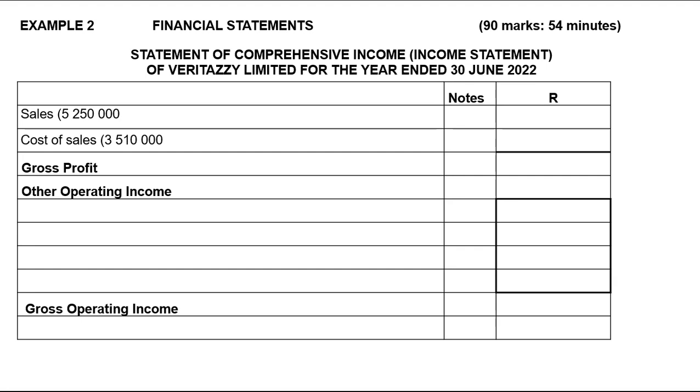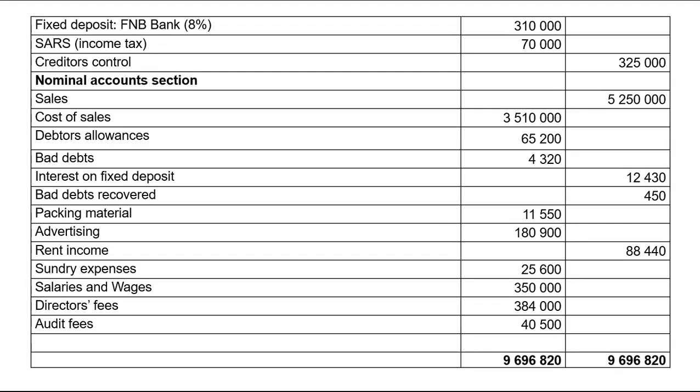I will basically subtract debtors allowances, which was given in the pre-adjustment trial balance of 65,200. Please note, for this debtors allowances amount that is in the pre-adjustment trial balance, the fact that it is there, it means the cost price that relates to that 65,200 has already been recorded.